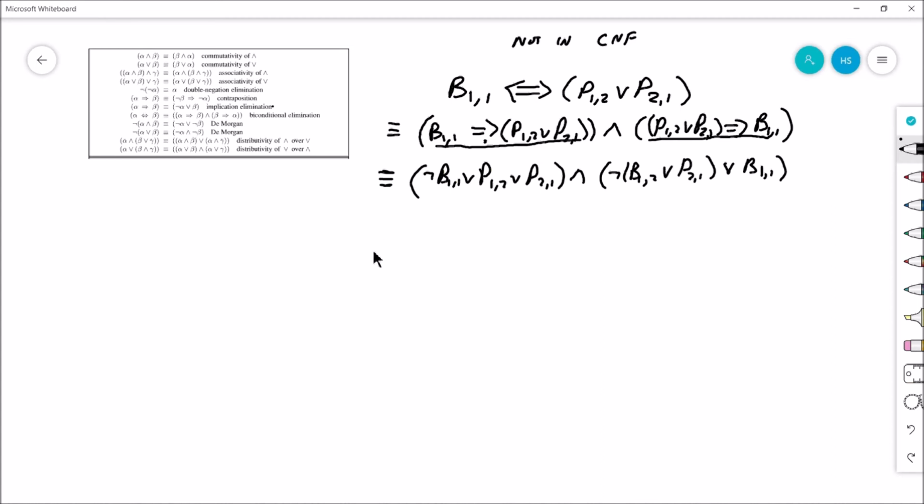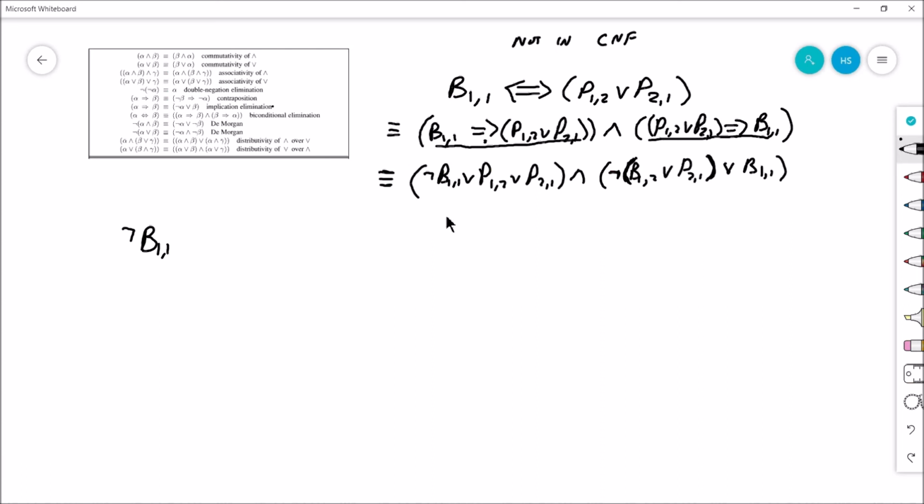Once I've done implication elimination, I have this form. Now, conjunctive normal form requires that you only have negation on the literals themselves. So what we need to do is move this negation. It's in the wrong place. It's negating a disjunction, and I need it to be negating literals.